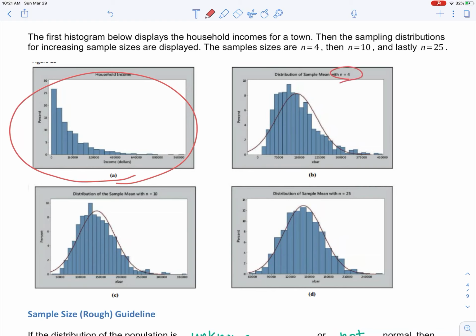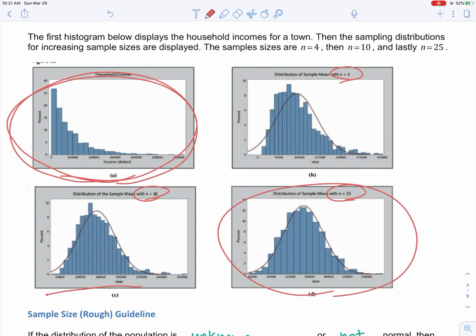However, if you take a look at the distribution of the sample means when the sample size is 4, you can see that the shape is already beginning to change a little bit. If you increase the sample size and make it 10, the shape is looking even more symmetric here. And if you take a sample of size 25, we have an approximately normal distribution. Even though the population looked like this, the distribution of sample means looks almost normal.